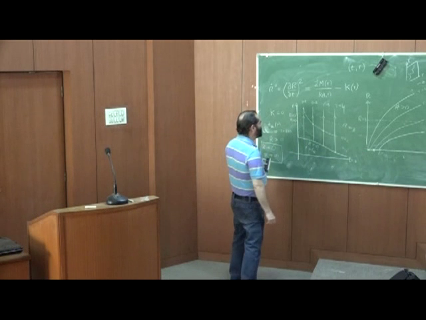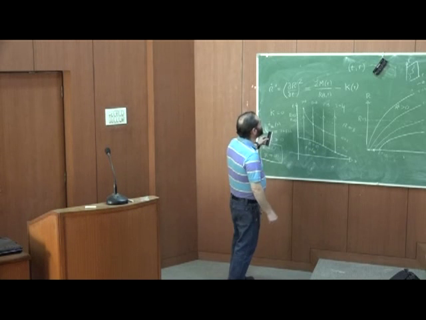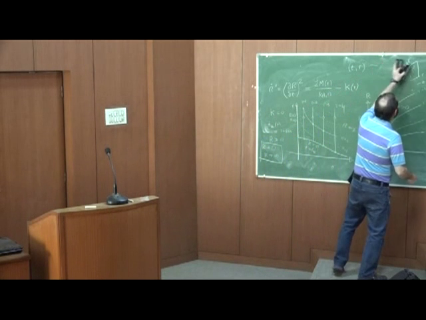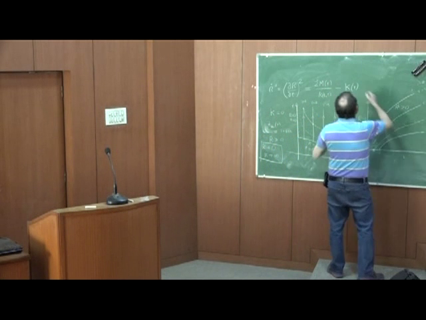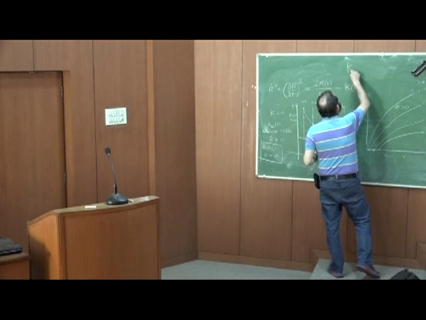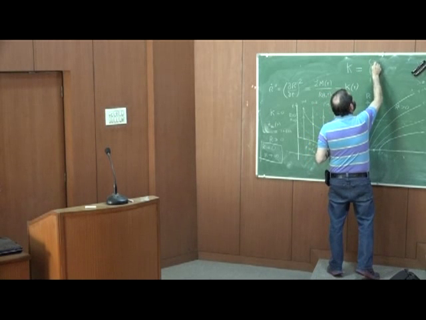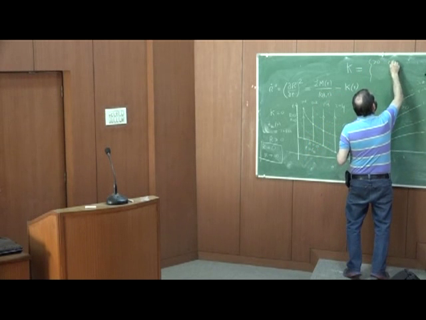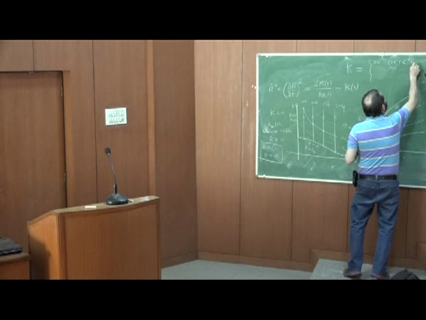So the idea here would be to assume the following: that K is such that it is positive for a certain domain that goes from 0 to R equals some boundary.